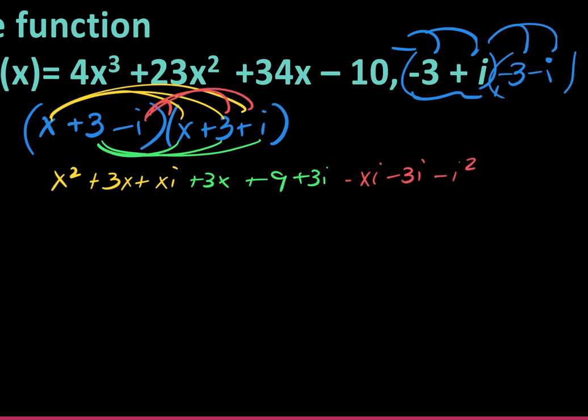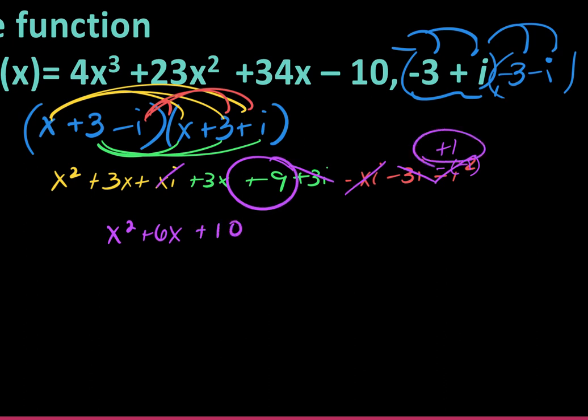If you did that last step correctly, then all your i's should cancel out. So ix and negative ix, positive 3i, negative 3i, minus i squared. This would be minus negative 1, which actually becomes plus 1. I get x squared plus 3x, positive 9, positive 1, plus 10.